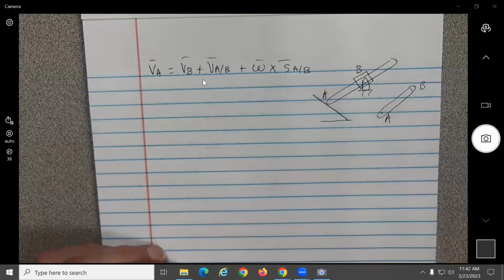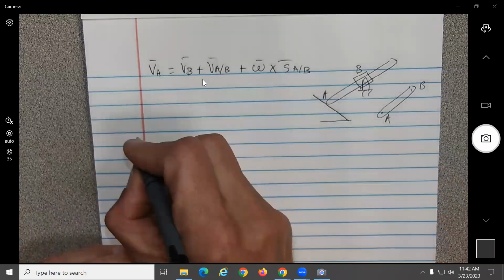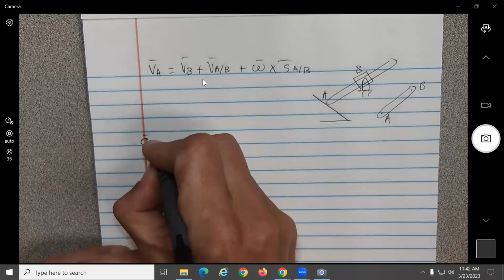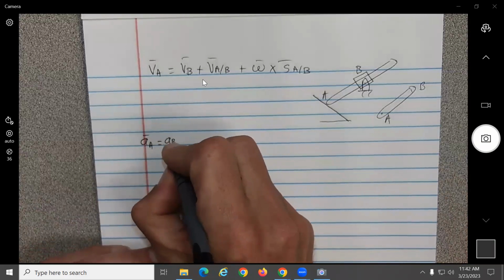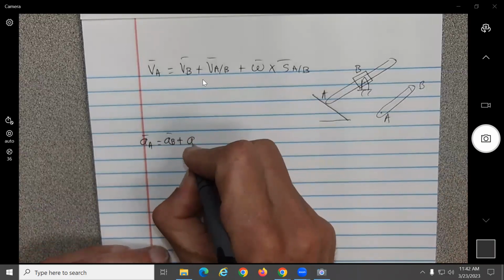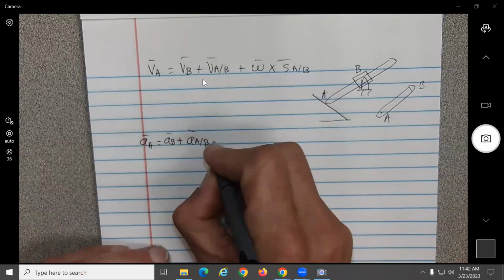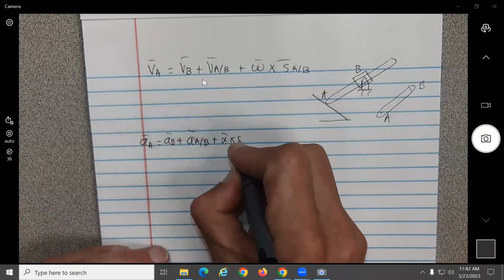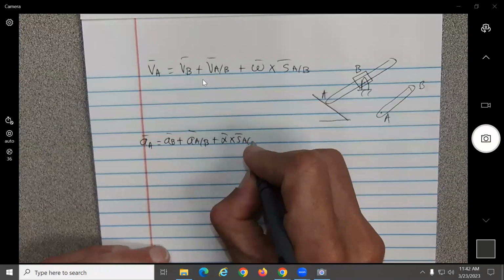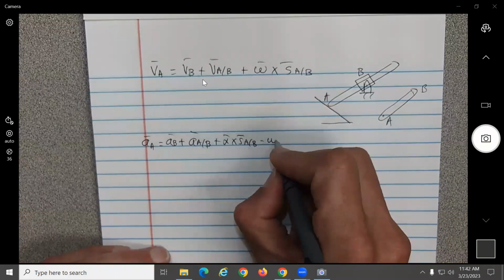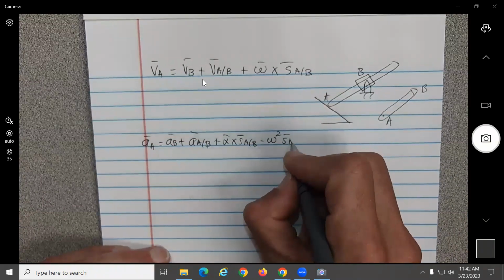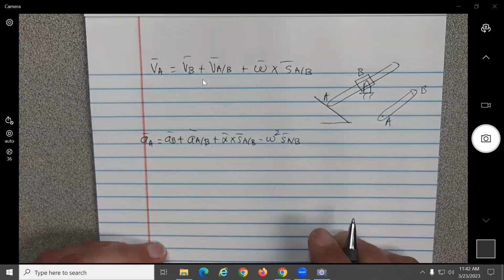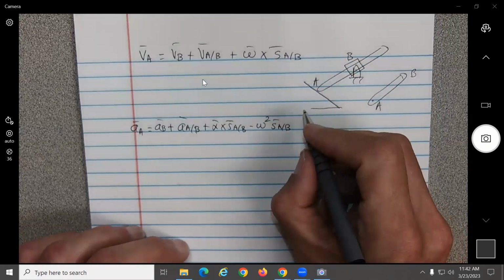Okay, and then the other equation we have for the accelerations is what? Acceleration of A would be equal to acceleration of B plus relative acceleration of A with respect to B plus the tangential plus the normal, and then plus what?